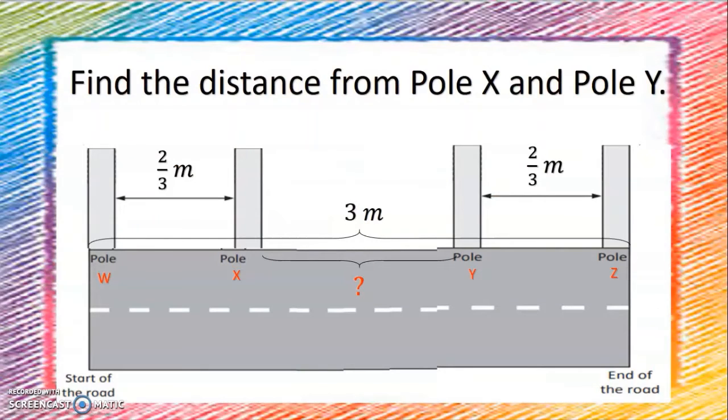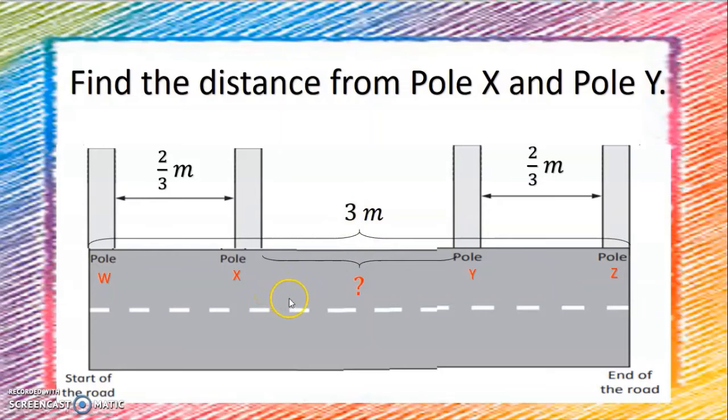For example, we have here this distance we're going to find. You can see in the problem, from W to X, we have 2/3 meters. From X to Y, that is missing. And from Y to Z, we have 2/3 meters. Altogether, the distance from W until Z, we have 3 meters.